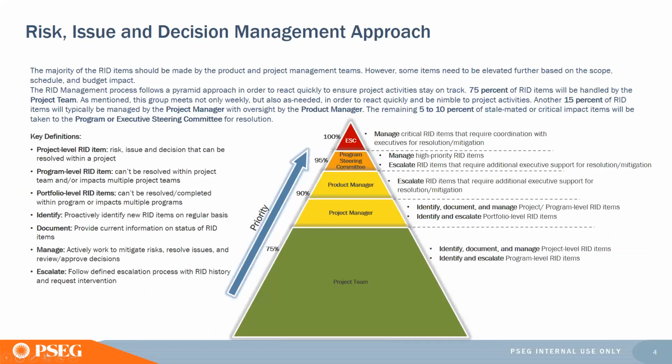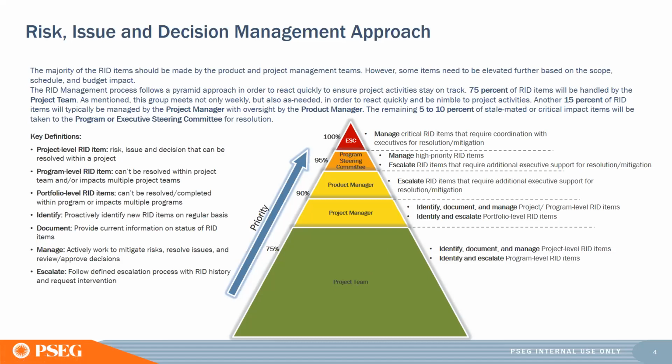Here is the RID management approach. You can see there are some key definitions over here to bring clarity. If you have any questions about project level versus portfolio level RID items, you have some key definitions over here. But the major point of this slide is that 75% of your RID items will be managed by the project team.